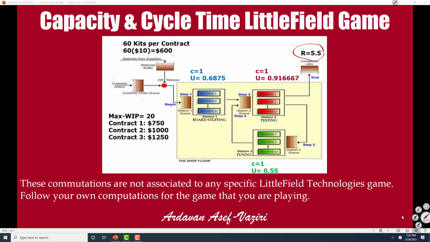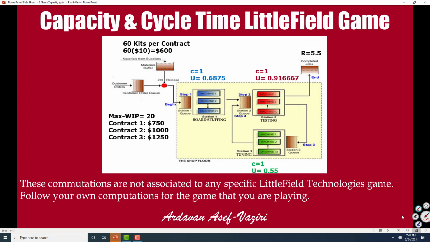So now, at the same time that I am talking about the game, we can generalize these concepts and say I'm talking about capacity in general. Contracts go to station 1, then 2, then 3, go back to 2, and then they leave.